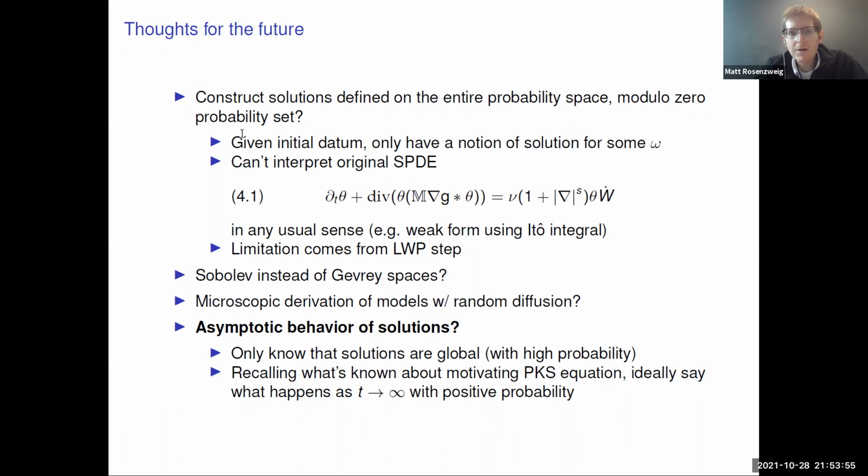And why I think this is relevant is because in our current formulation, we don't really have a good interpretation of this original SPDE. I don't know how to write this in a usual weak form using an Ito integral, because the theta that I get from undoing the transformation to a random PDE is only defined for some omega. So I don't know how to make the resulting Ito integral. And this limitation comes from the local well-posedness step.